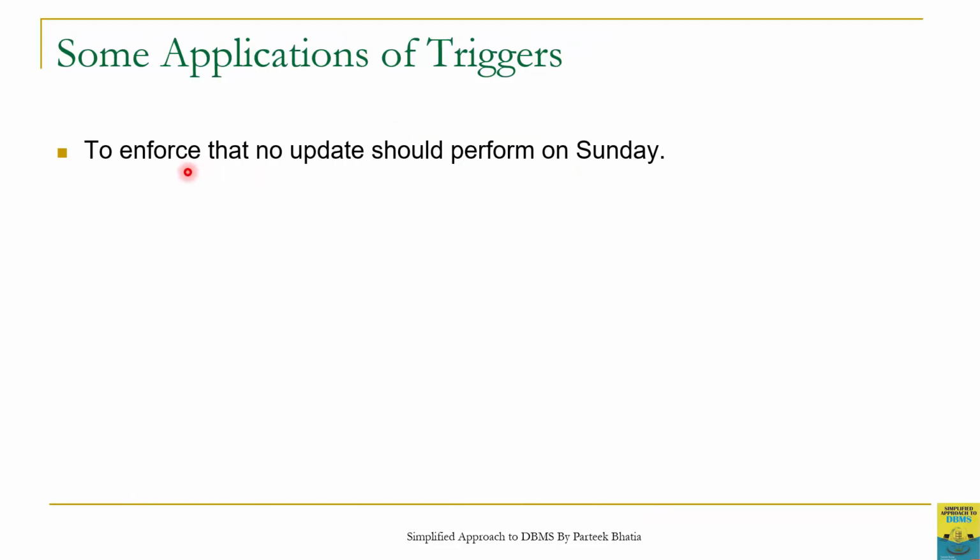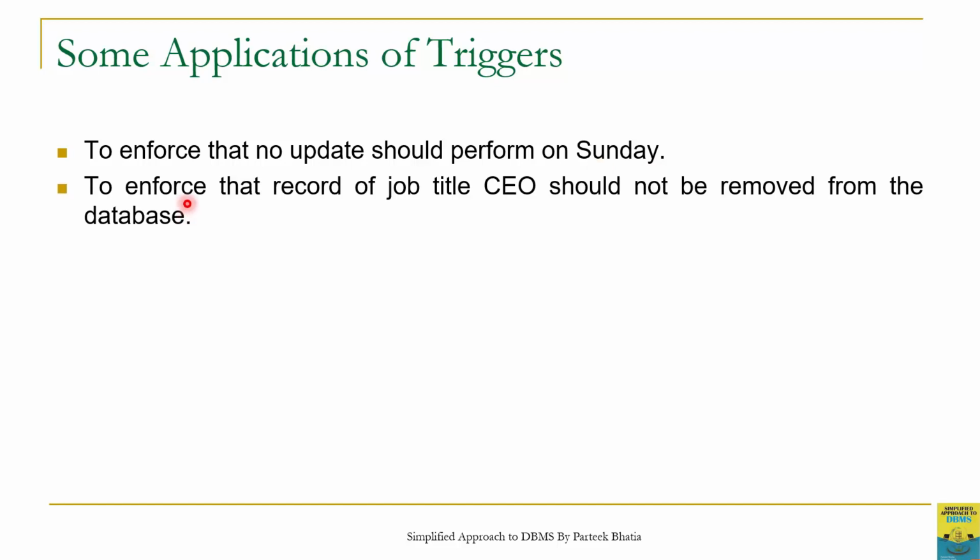For example, if you wish to enforce a constraint that no update operation should be performed on Sunday on the employee table, in order to ensure this, we have to create our own trigger. Let's suppose you wish to enforce that a record of job title CEO should not be removed from the table employee. Now, in order to implement this, we have to write our own trigger.